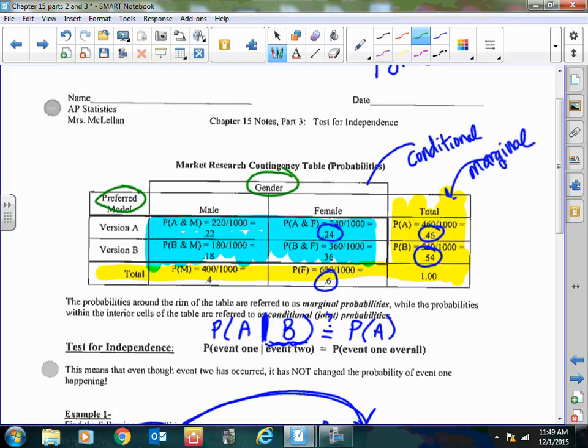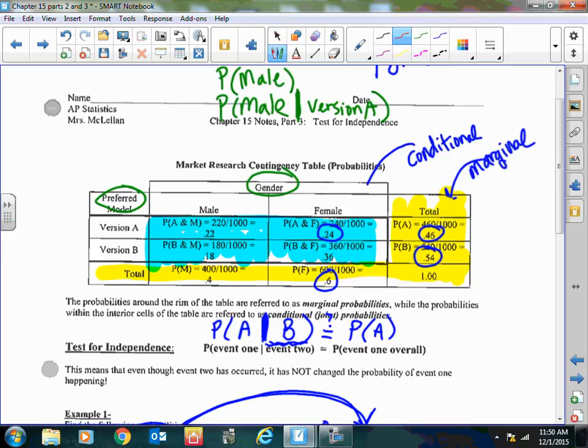Somebody tell me one thing. Male. Okay, so I'm going to go with male overall. Then my conditional needs to start with male and say, given that, and then I pick one of the other things. Version A. So then I would work that out and see if the fact that you like version A changes the probability of you being a male.